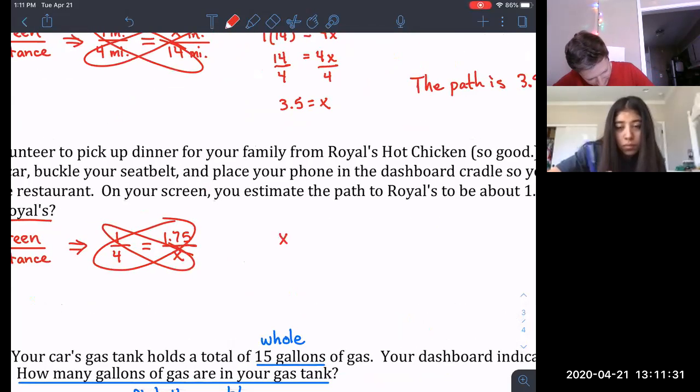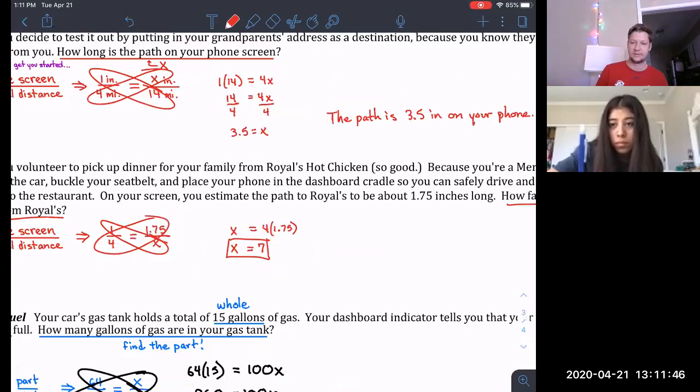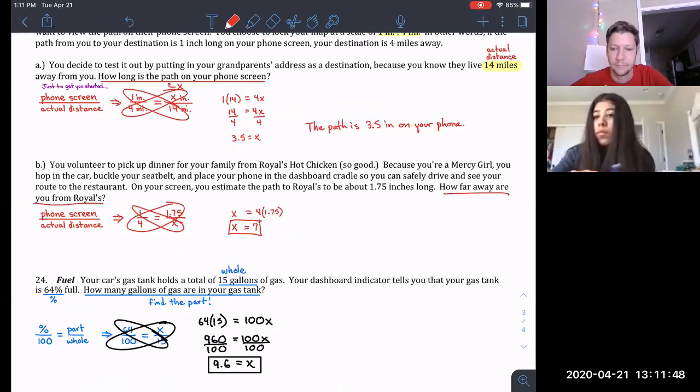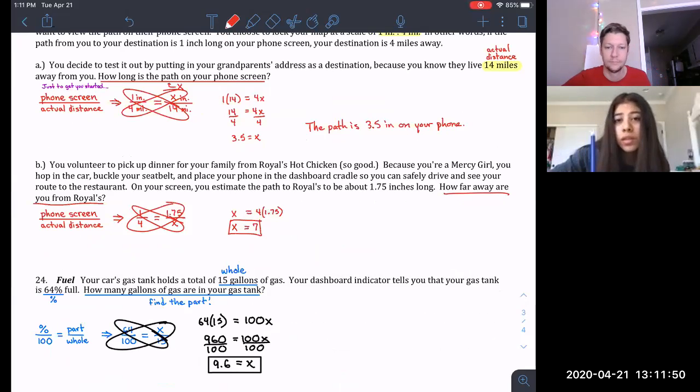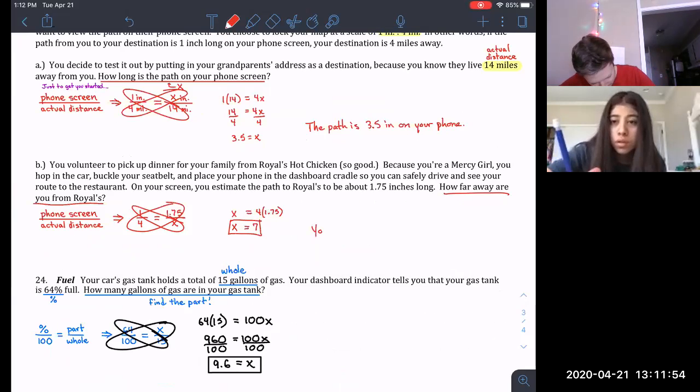So we get 1x equals 4 times 1.75, and that doesn't get much easier. We just have to do some multiplication there, and you'll see that the answer is 7. All right, so what label goes on our answer this time? It's 7 miles to Royals. Perfect. You are 7 miles away.